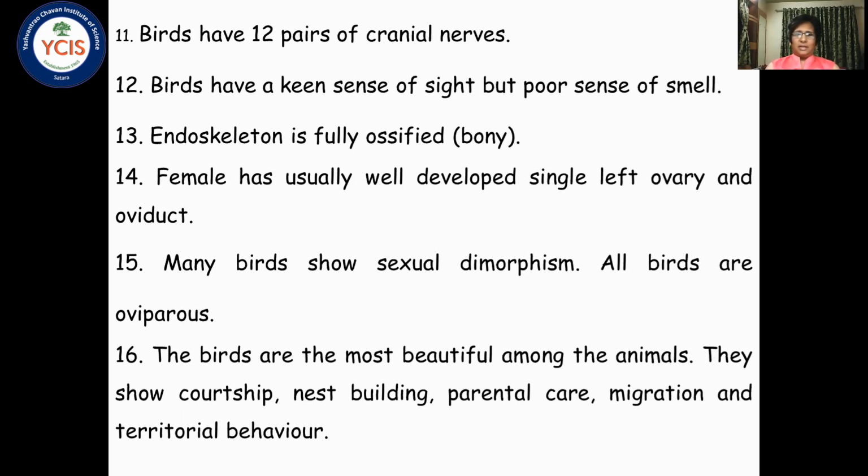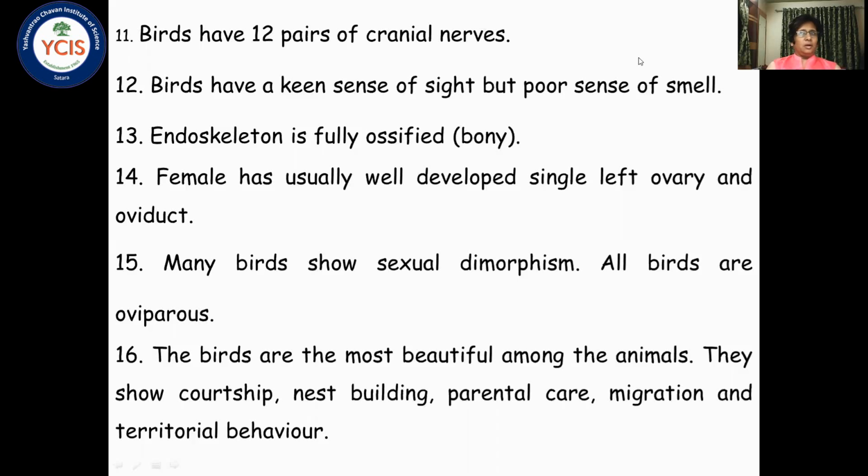Then next one, birds have 12 pairs of cranial nerves, and these cranial nerves bring information from sense organs to the brain. Okay. Next one, birds have a keen sense of sight but a poor sense of smell.